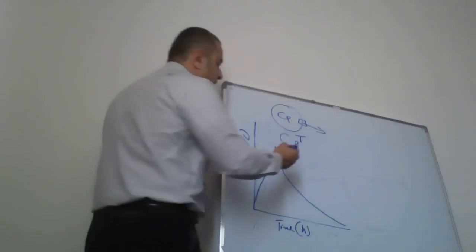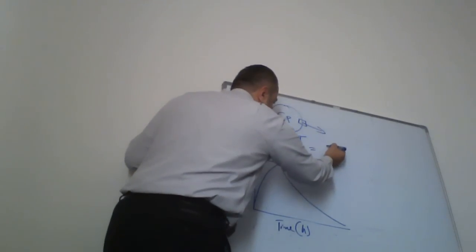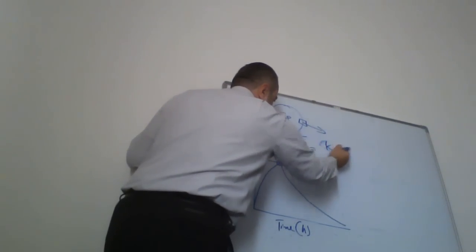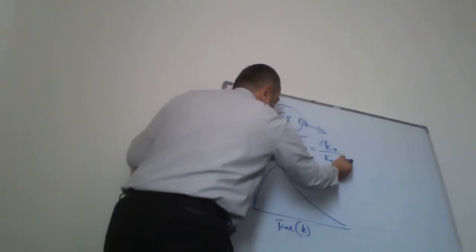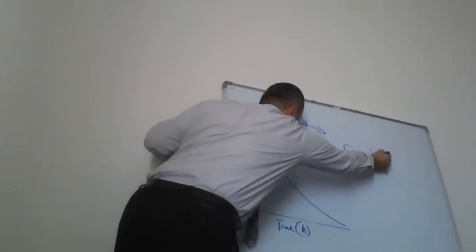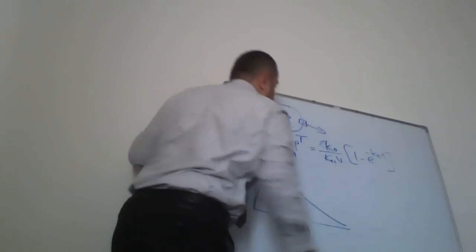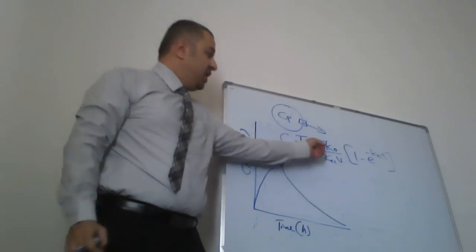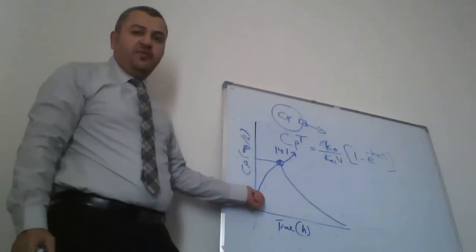We will use the same equation. CPT capital is equal to K0 divided by Kel V multiplied by 1 minus e to the power of minus Kel T. What is your K0 here? You use the fast infusion.